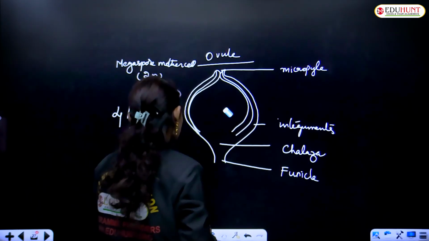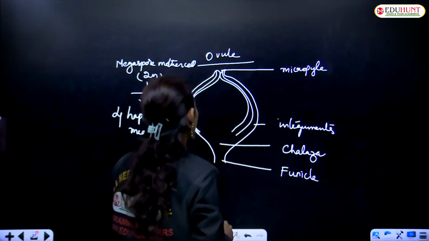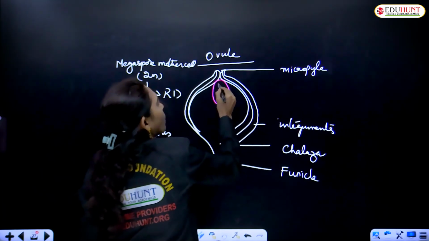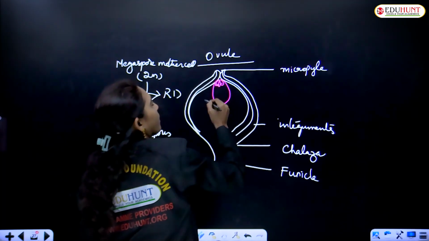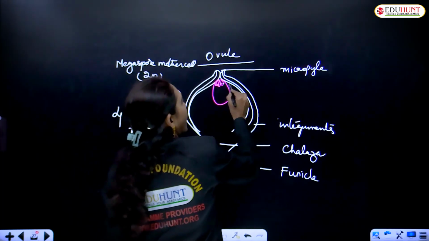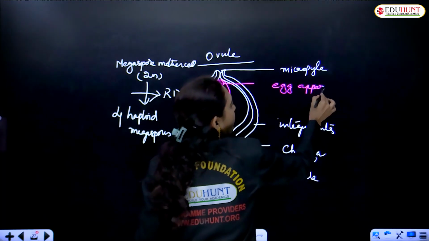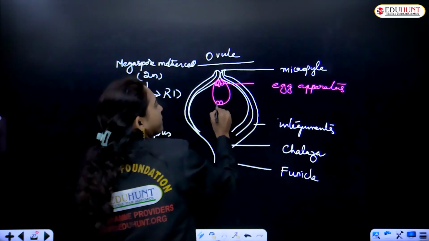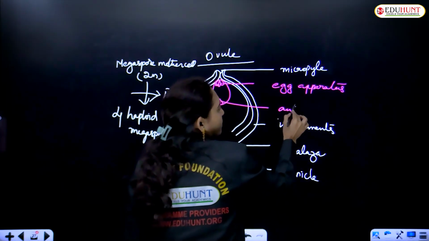If we draw the colorful picture, the 3 nuclei at the micropylar end form 3 cells, called the egg apparatus. The 3 cells at the chalazal region are called the antipodals.